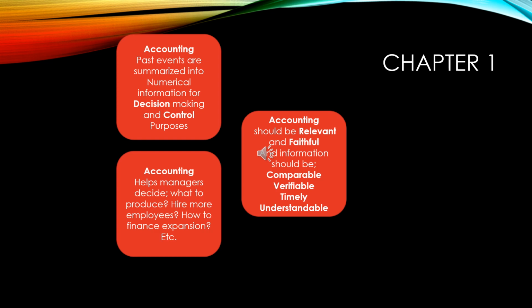And the management in the company use that to hopefully make better decisions and also to control the company. The idea is for accounting to help managers decide a lot of different decisions.